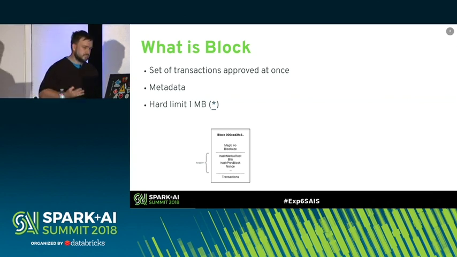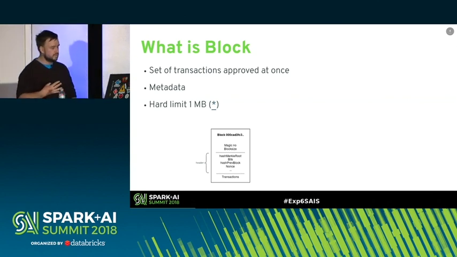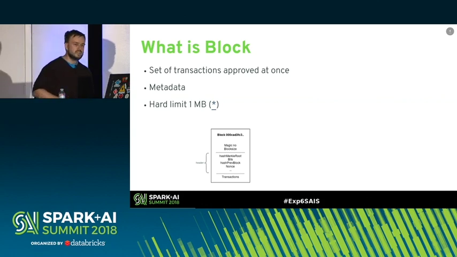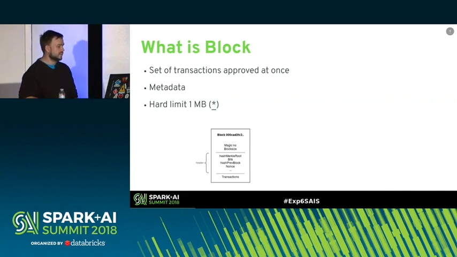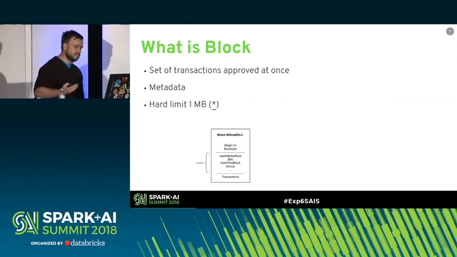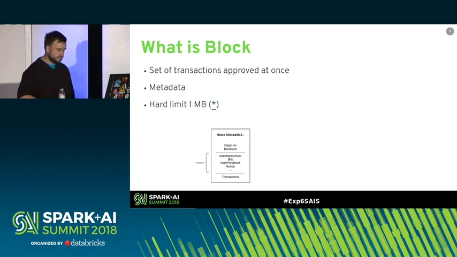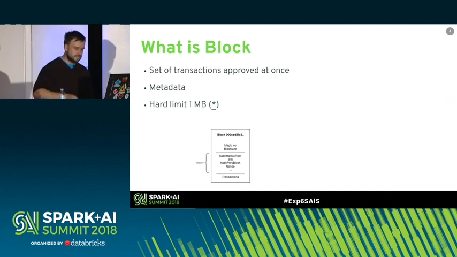The main reason of the block is to contain all the transactions, but it also has something called the magic number, which denotes the flavor of the blockchain, because these days you can have the Bitcoin blockchain, the Ethereum blockchain, and other coins. Each of them has its own implementation of blockchain. Sometimes there are small differences, sometimes bigger differences.